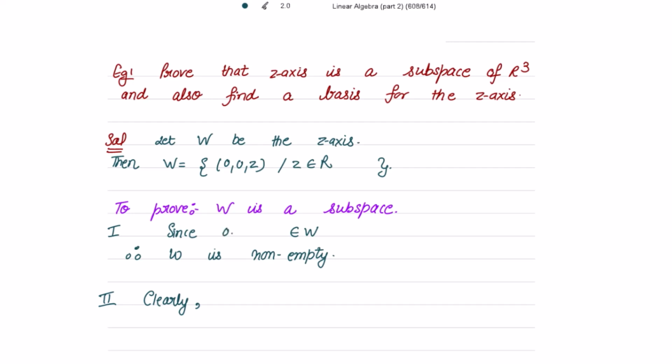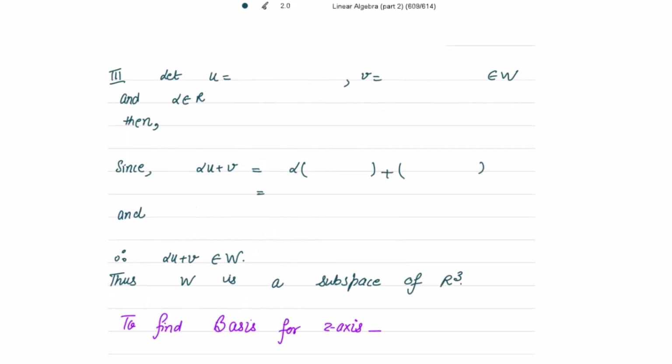Since (0, 0, 0) belongs to W. Here z is taken to be 0, and because 0 is a real number, and it is given that z must belong to the real numbers, and I know that 0 is also a real number, I can take the element (0, 0, 0), which belongs to W. Yes, it belongs to W. So therefore W is non-empty. And clearly W is a subset of R3, of course.